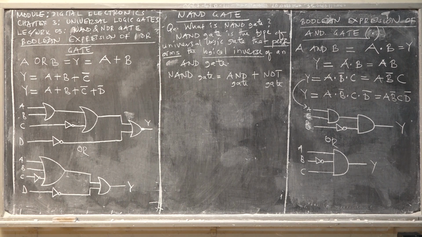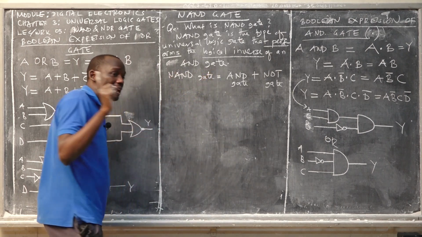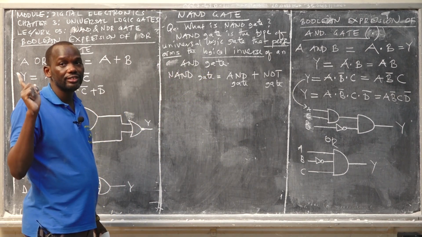So you just define that you provide high when high. So what is that high? 1, 1. Okay. So the AND gate multiplies the binary input.